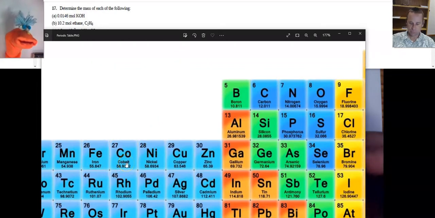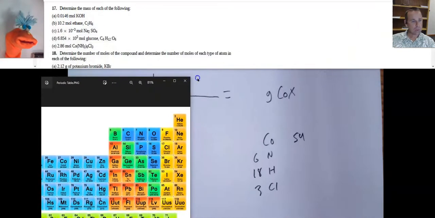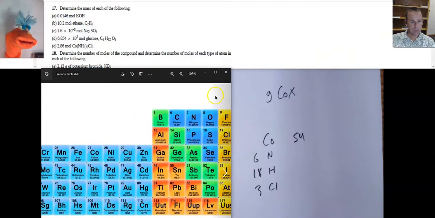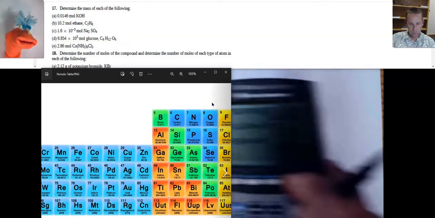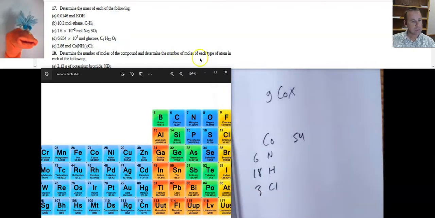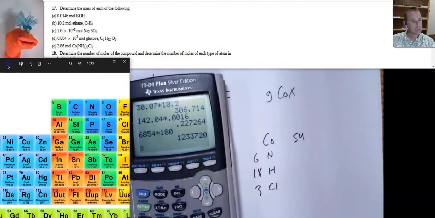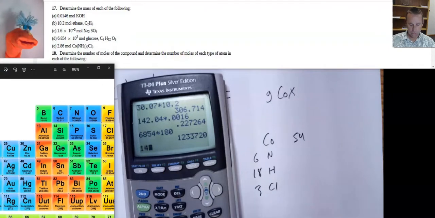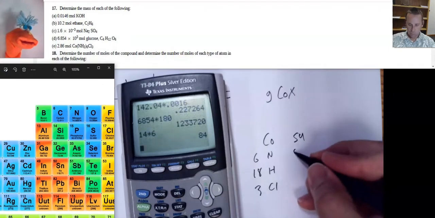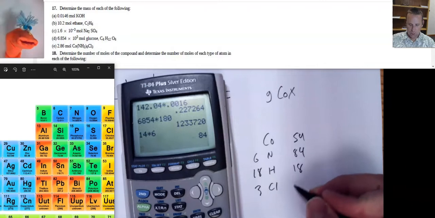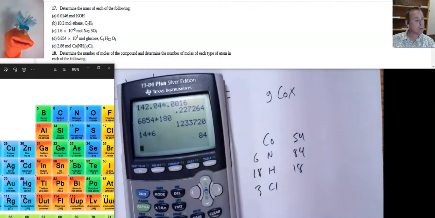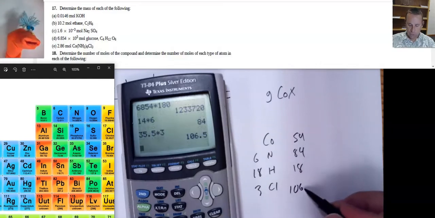Cobalt, 59 grams per mole. Six nitrogens, that's 14 times 6, 84. 18 hydrogens, that's 18. Chlorine is 35.5 times 3, 106.5.